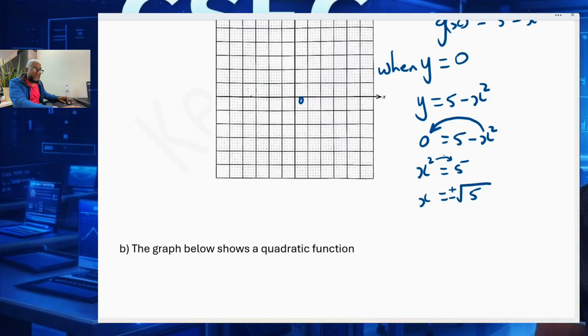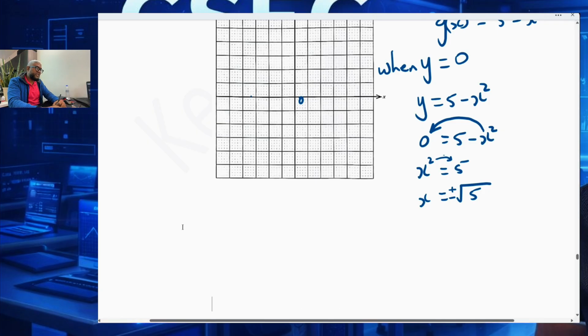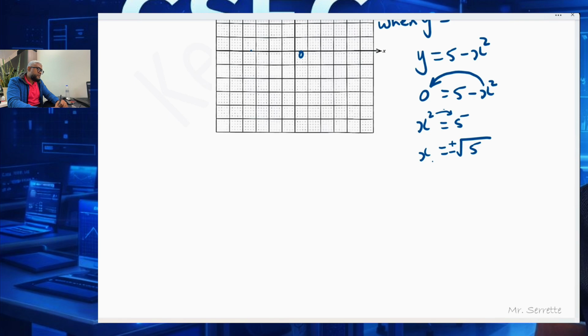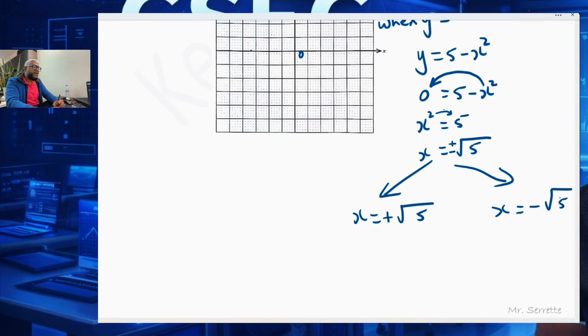So we'll still have two answers here. You only do this when you're doing quadratics. So x is equal to positive square root of 5, and then x will be equal to negative square root of 5. What is the square root of 5?